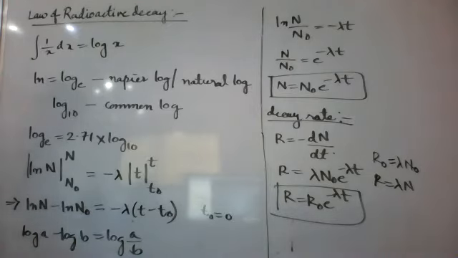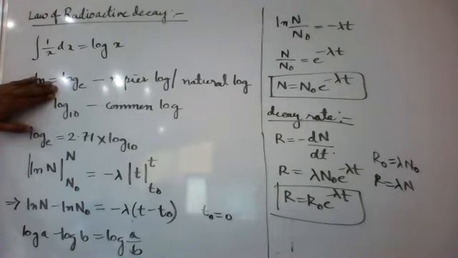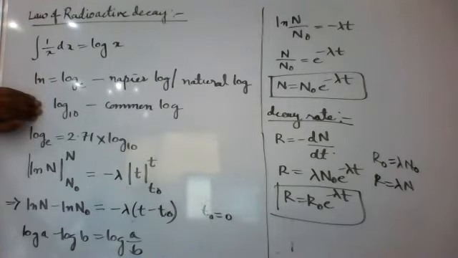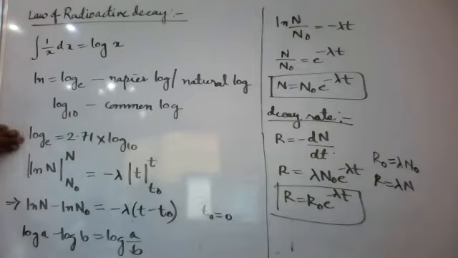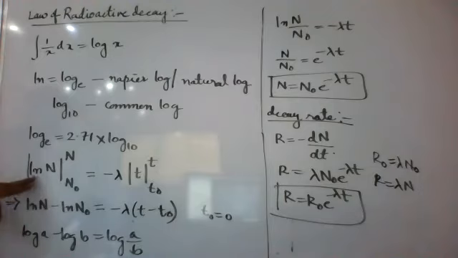Once again, quickly. We are applying integration of 1 by x, which becomes log x. Then we have two types of logarithms: log to the base e and log to the base 10. Log to the base e is known as Napier logarithms or natural logarithms. Log to the base 10 are known as common logarithms. Then we apply the upper limit minus lower limit.